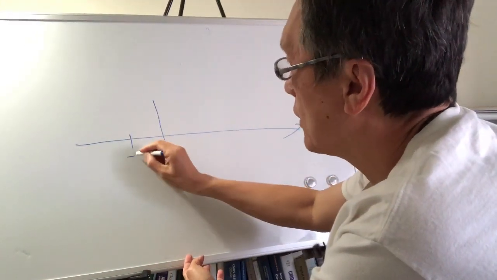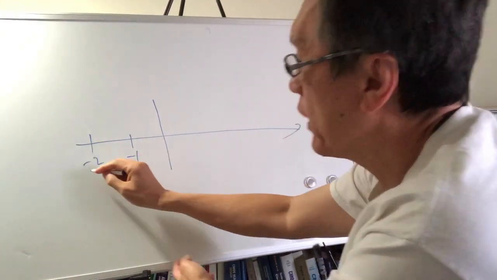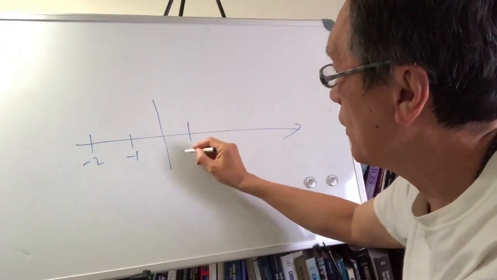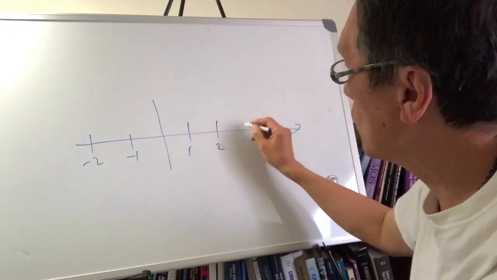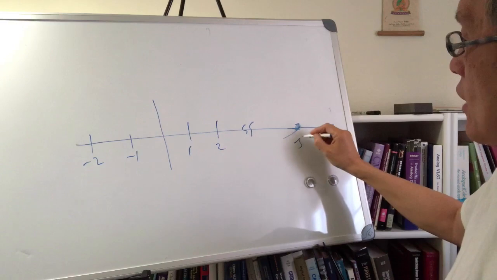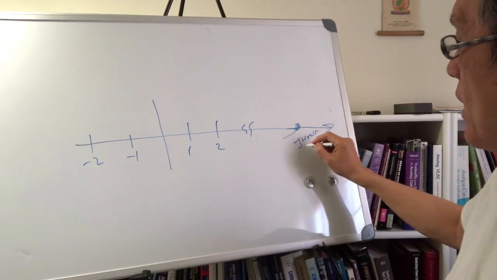Say this is -1, this is -2, associated with the stress level, which I'm not going to draw here now. This is 1, this is 2, and then this is far away, and say this is the jhana state or samadhi state.